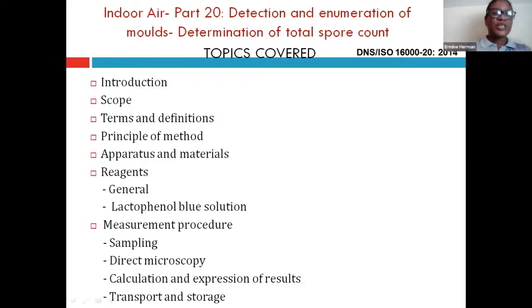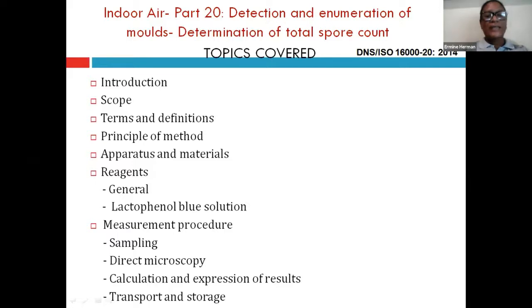The procedure looks at the sampling with respect to how the samples are collected for analysis, be it surface, be it air sample, be it swabs, and how you analyze it via direct microscopy. It also speaks to how you calculate and express the results of your analysis.